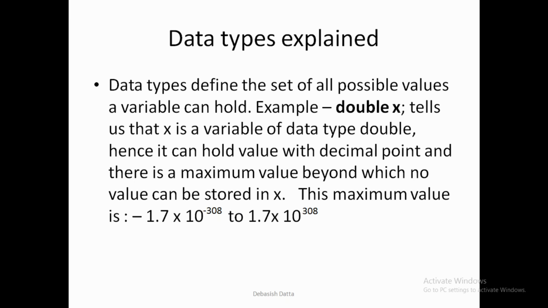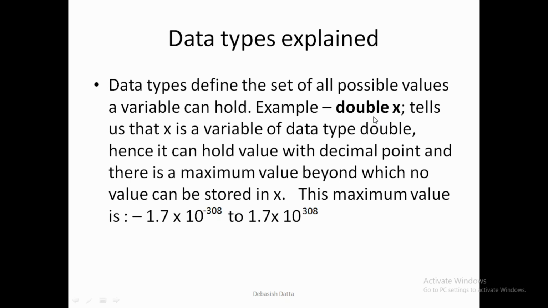A data type defines the set of possible values that a variable may have or can hold. For example, if we write double x in a program, here x is a variable and its data type is double, as you can see here.